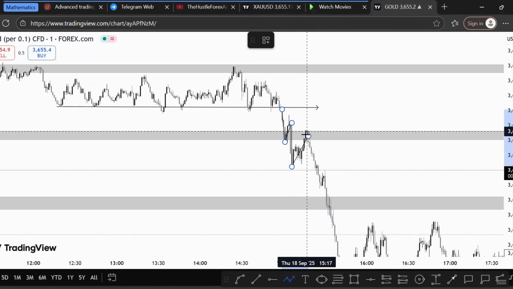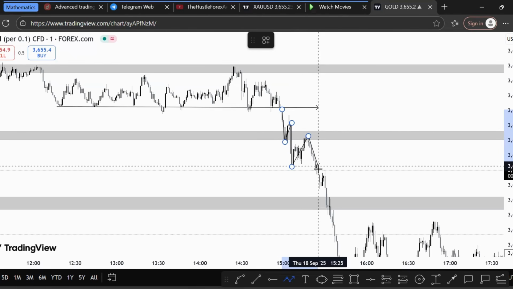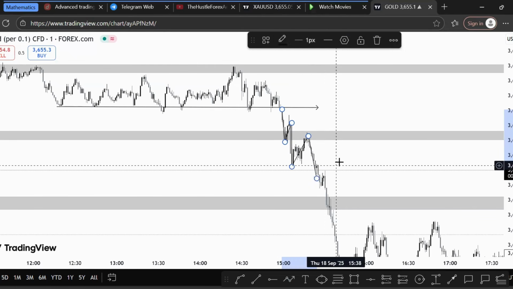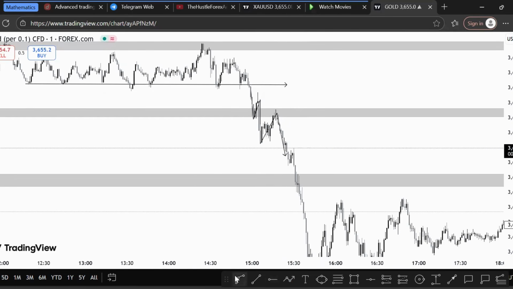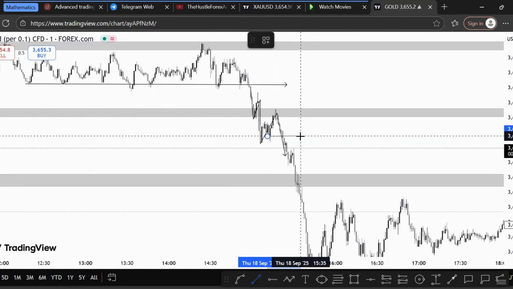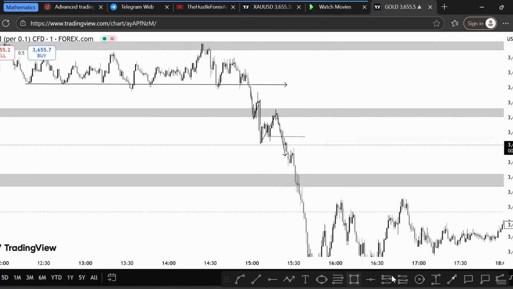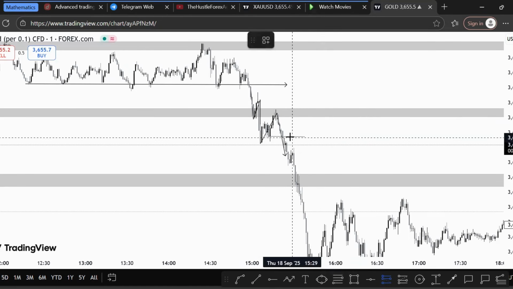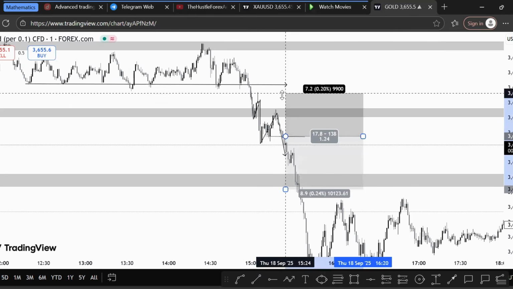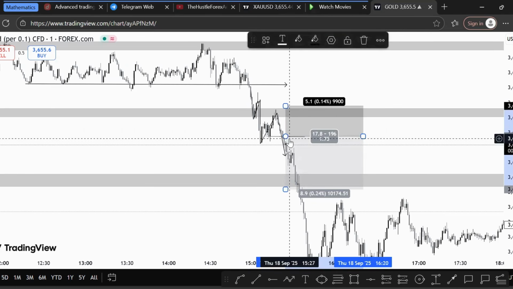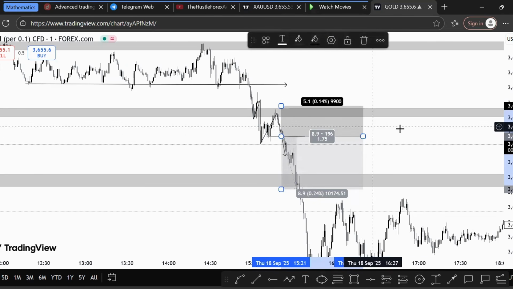Just above this would have been my stop loss, because anything below this would have been sales. So this low here, in the 1 minute, would be my entry point, and anything above would be my stop loss. This would be the trade I would have taken, right?